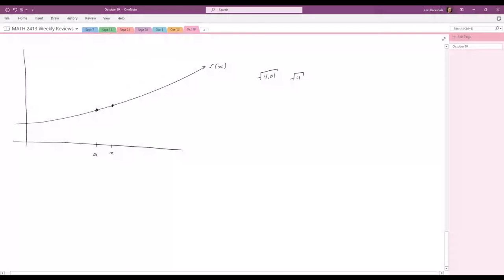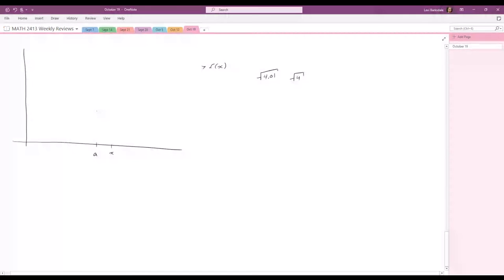Well, differentials are a way of approximating these function values. If you know f of a, then you can construct a tangent line to your graph at this point A. I should have made this a much steeper curve. But basically, you could have a tangent line, something like this. It's not quite tangent because I'm not good at drawing.